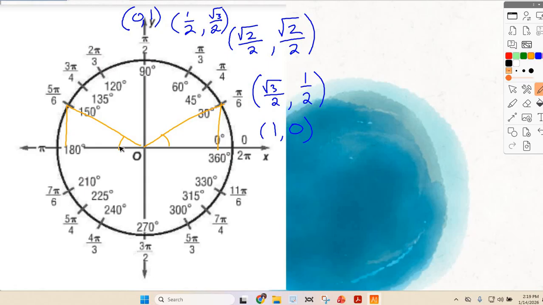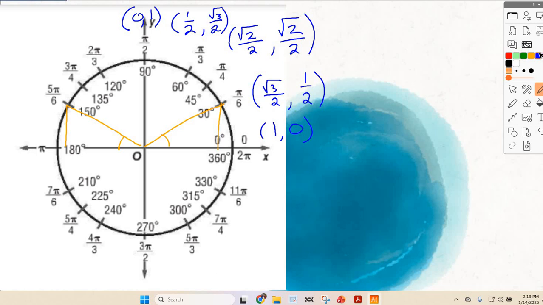Also, remember that the little angle that we get by going to the x-axis is called our reference angle. And so we can find our other points by referring back to the reference angle, which is going to have to be one of the ones in our first quadrant.